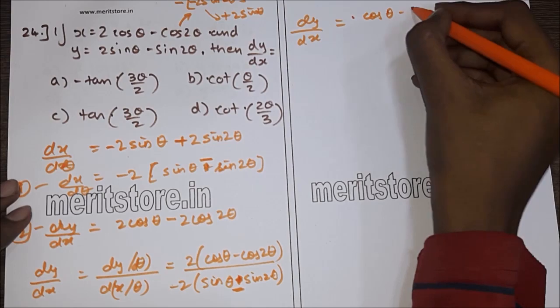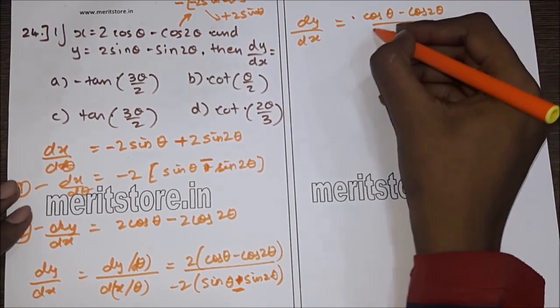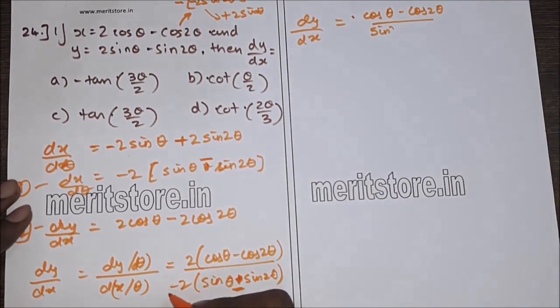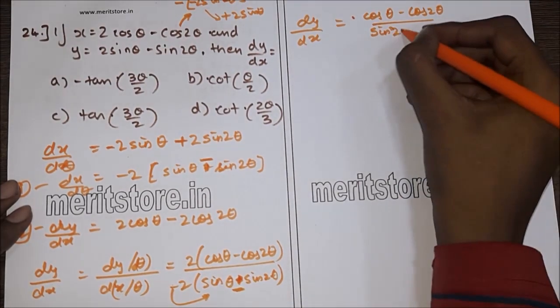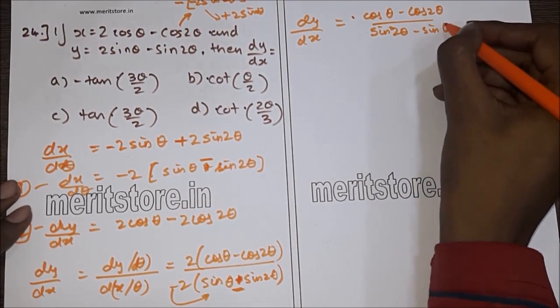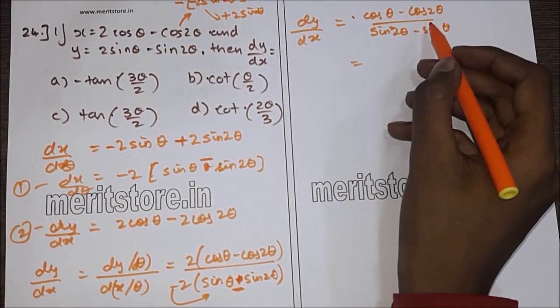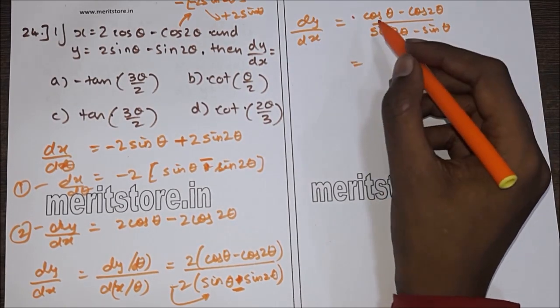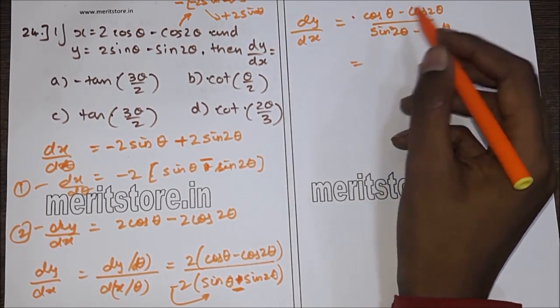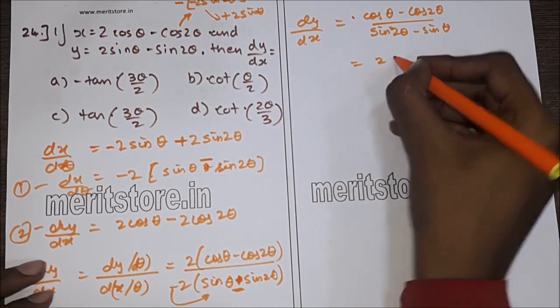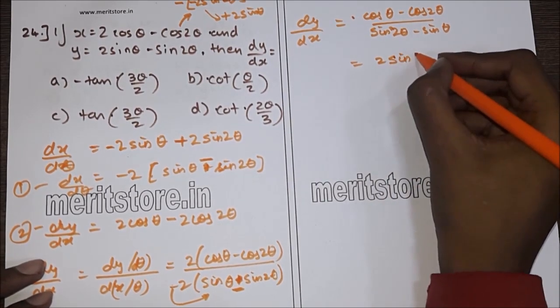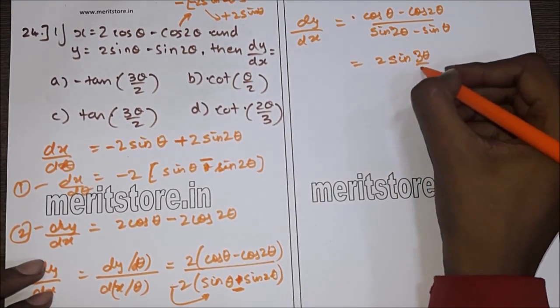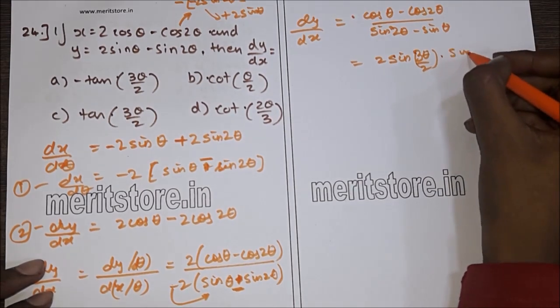cos theta minus cos 2 theta upon, taking the minus sign inside, sin 2 theta minus sin theta. Now cos theta minus cos 2 theta is in the form of cos a minus cos b. So this can be simplified as 2 sin 3 theta by 2 into sin theta by 2.